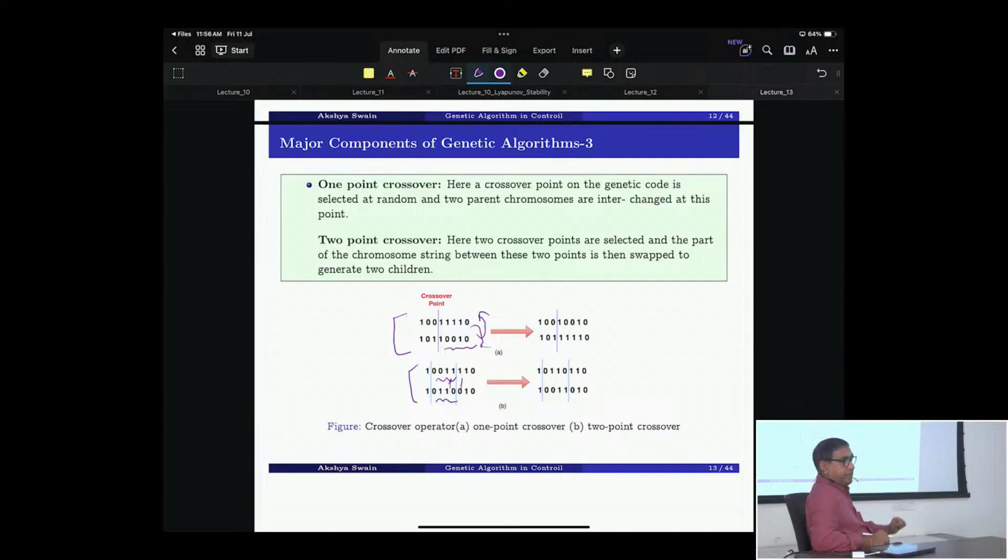Other things remain the same. So this is how you change the chromosomes. 2-point crossover or 3-point. New set of solutions. After a crossover operation, you generate a new set of solutions. Did you get it?